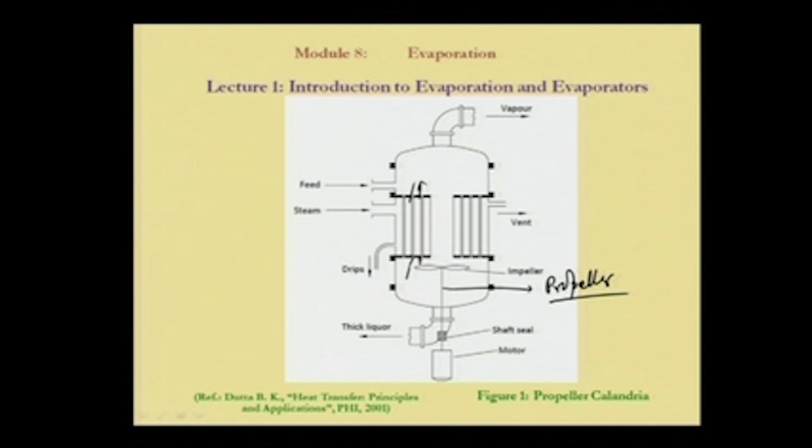This is the downcomer section. By putting the propeller, we can make the liquid go through the tubes, and then the salting out effect can be to some extent avoided. Okay. This is called propeller calandria.